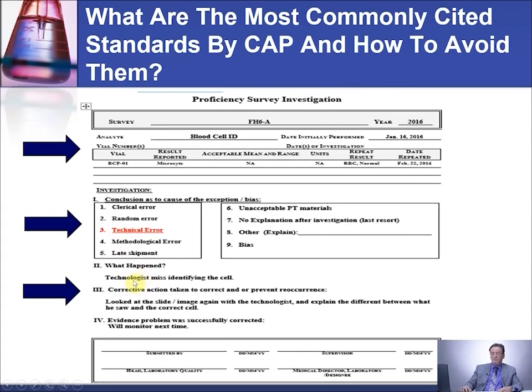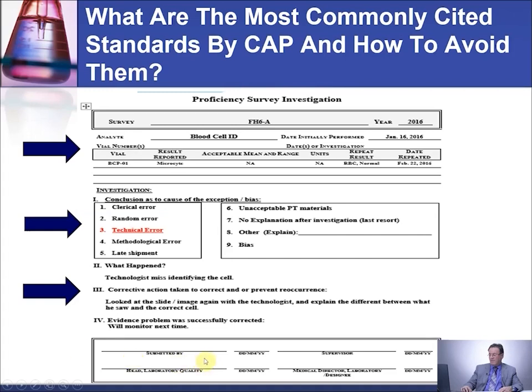When you are writing your story, you need to be concise, precise, and to the point, and you need to be convincing. Your story needs to be convincing. So what happened? Technologists missed identifying the cells. The corrective action you're going to take to prevent this: you sat with the technologist and reviewed the cell and showed them the difference between a normal RBC and a microcytosis.